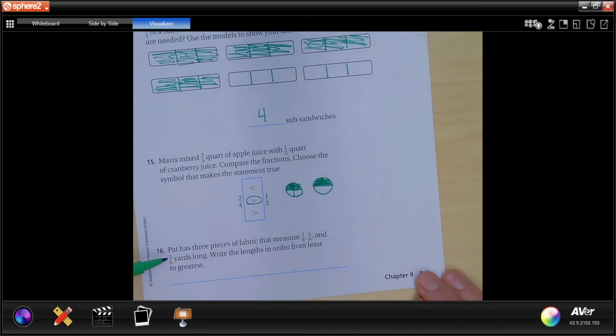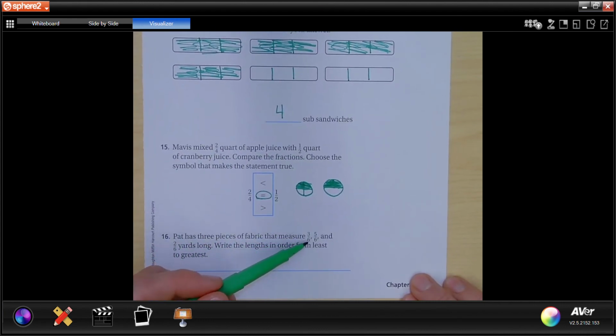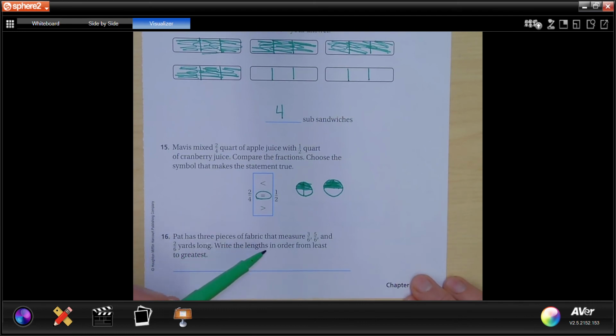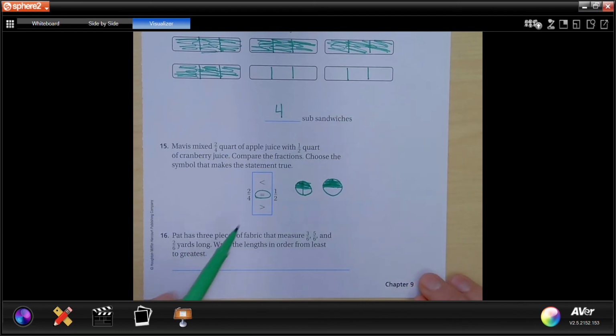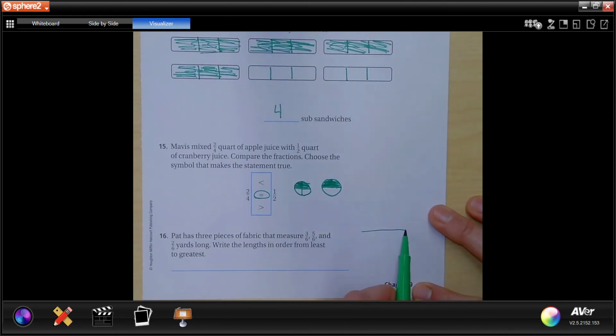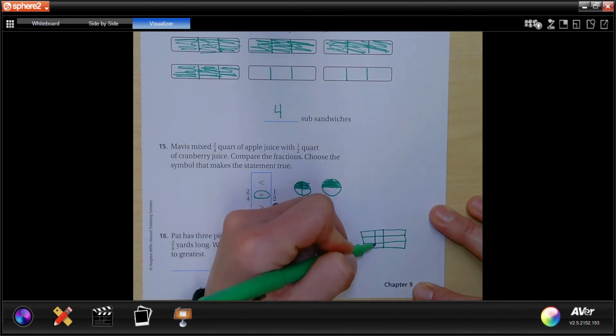Number 16. Pat has 3 pieces of fabric that measure 3/6, 5/6, and 2/6 yards long. Write the lengths in order from least to greatest. Okay, so we have, let's make them all into sixths.